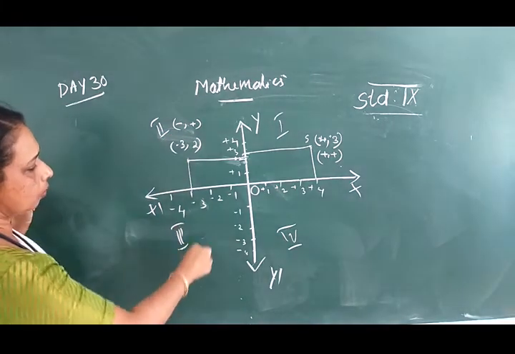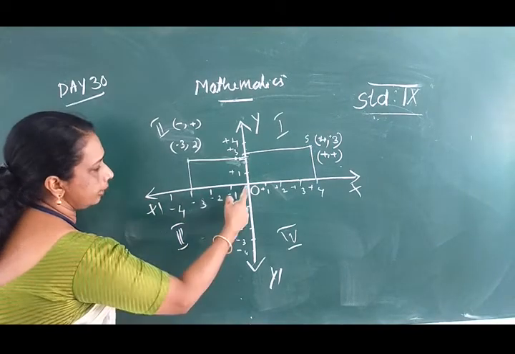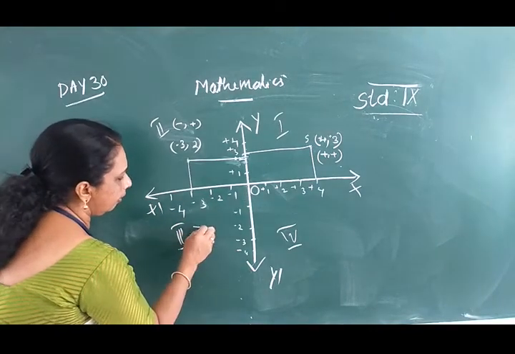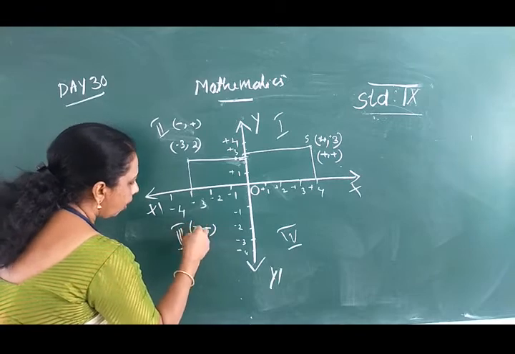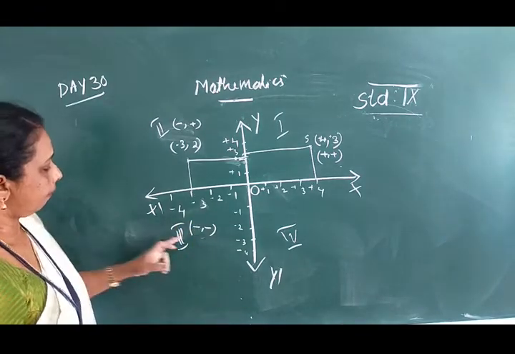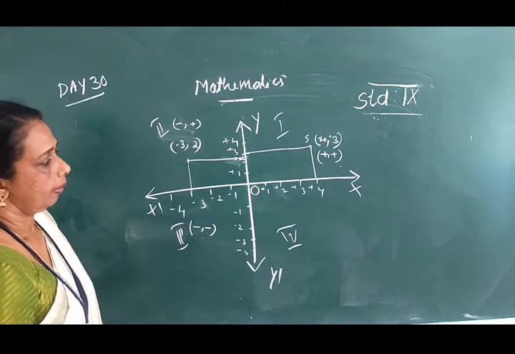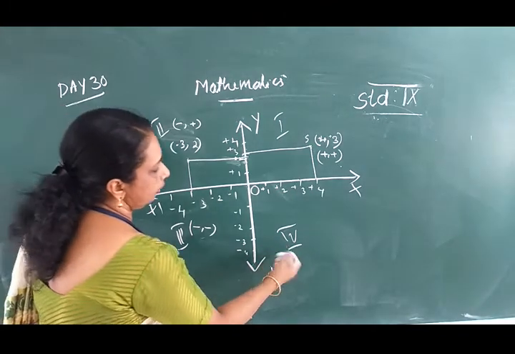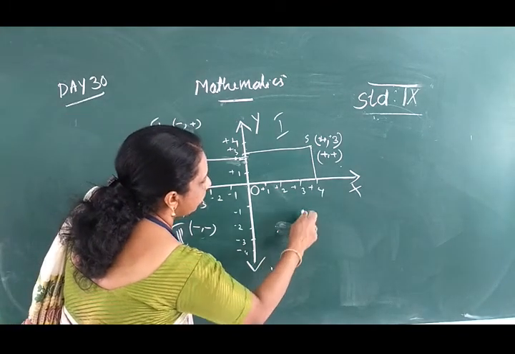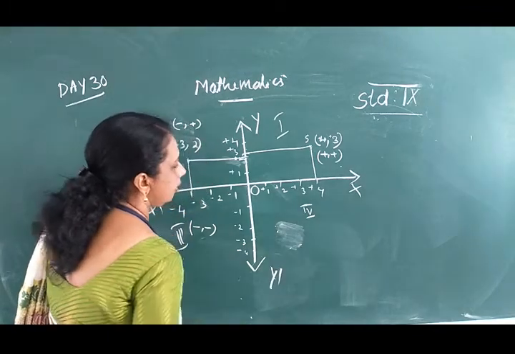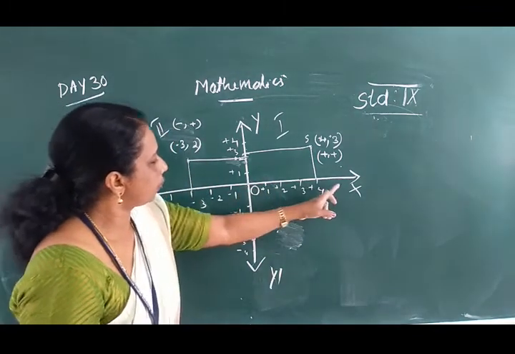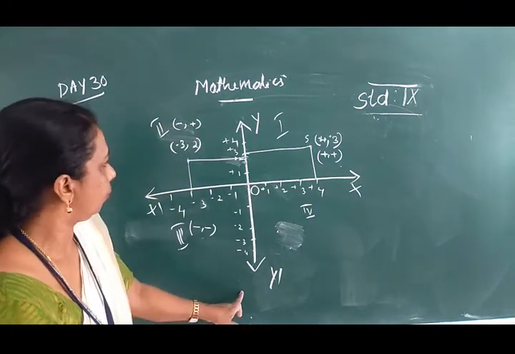In the third quadrant, both the axes are negative. Therefore, here the sign of the coordinates are (-, -). And in the fourth quadrant, here x-axis positive and y-axis negative.